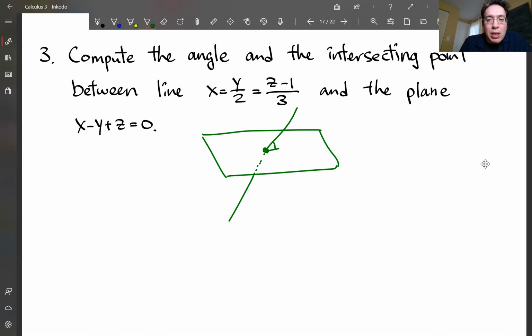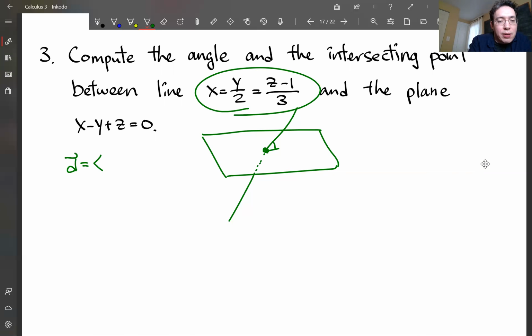All right. So for this problem, I want to work with the parametric form of the line. So from looking at that equation, I know that the directional vector is the denominators, right? So 1, 2, 3. Okay. And we know it passes through the point, I'm going to call this point P, 0, 0, 1, right?